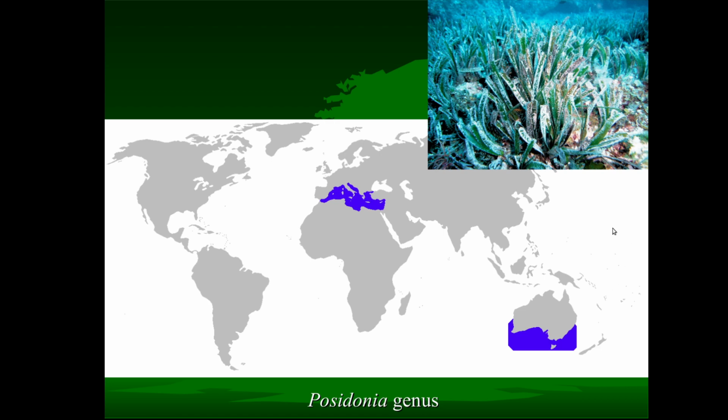Well, Posidonia, this genus Posidonia, occurs in two locations on Earth, the Mediterranean and southern Australia. So in the Med, there's only one species, Posidonia oceanica, and in Australia, there are about 8 different species in the genus. Why this disjunct distribution? Why does the genus occur nowhere else on the planet in these two locations?